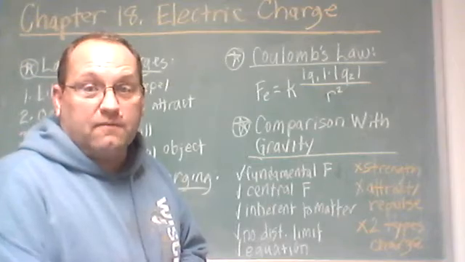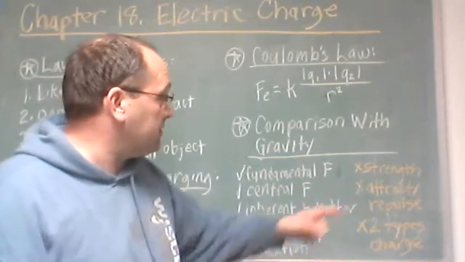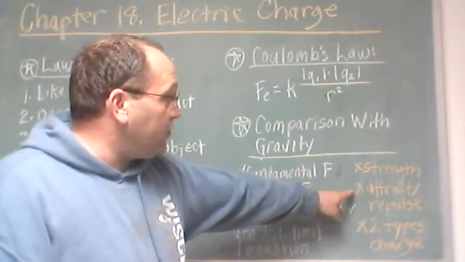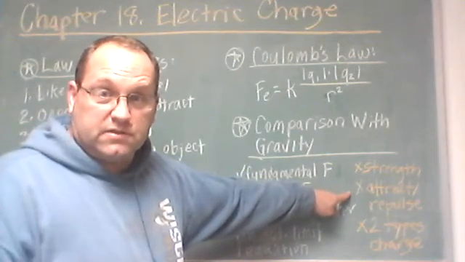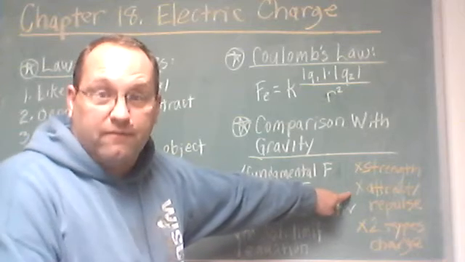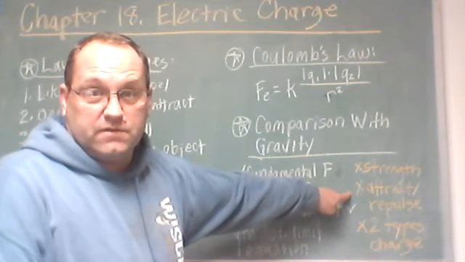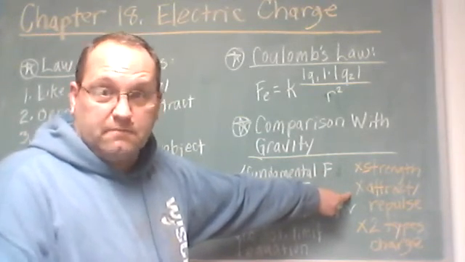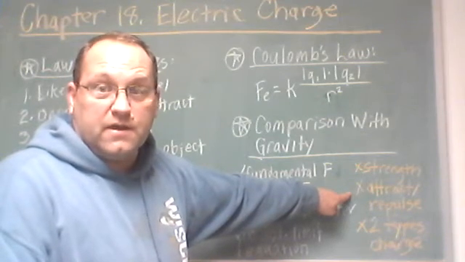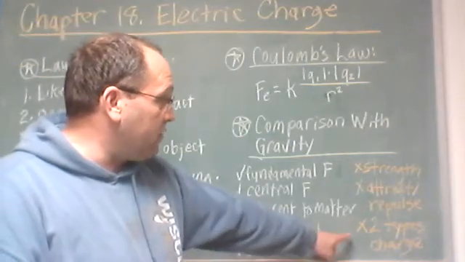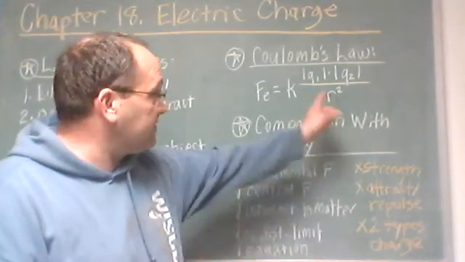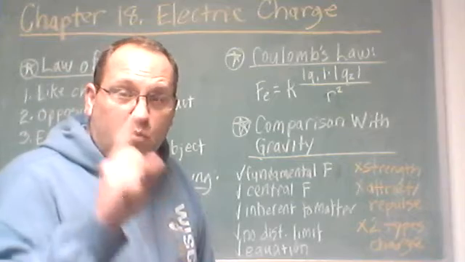The electromagnetic force is the second strongest. Gravity is only an attractive force, pulls objects to each other, but the electromagnetic force, the electrostatic force, as well as magnetism, as we'll get into later, can attract or repel. And of course, in the equation for gravity, there's only one kind of mass.